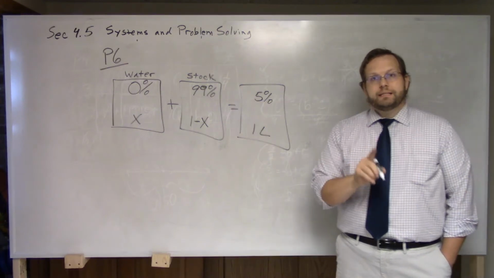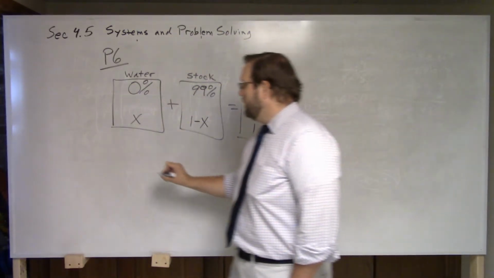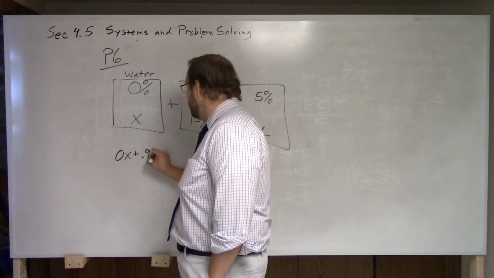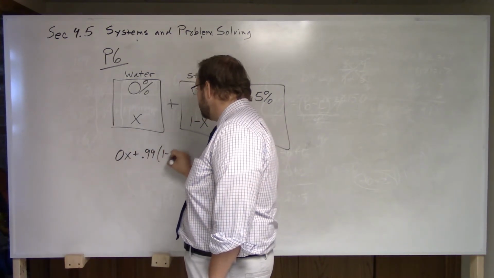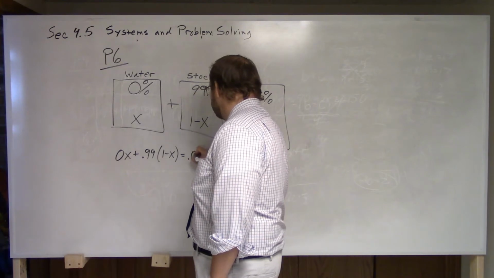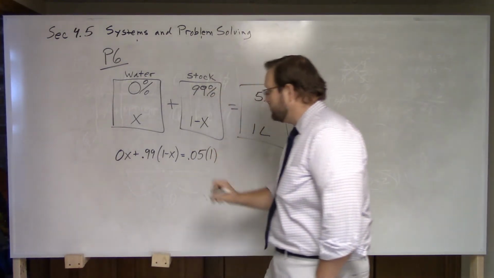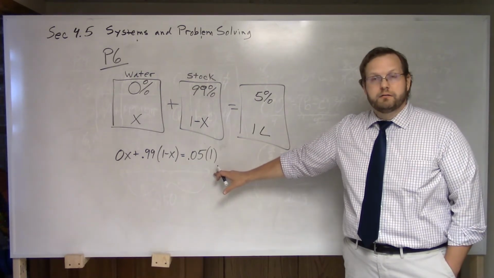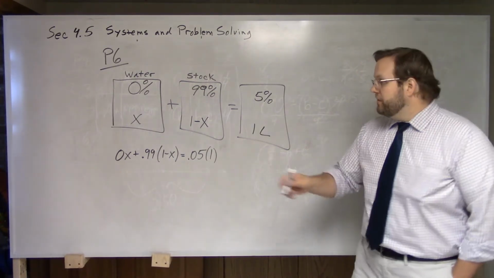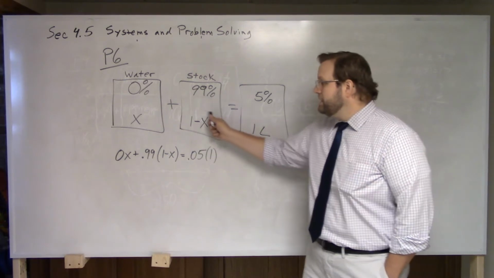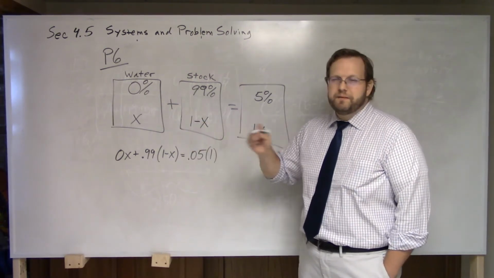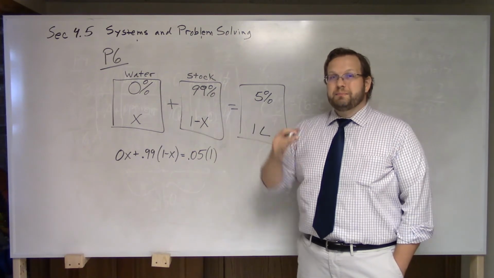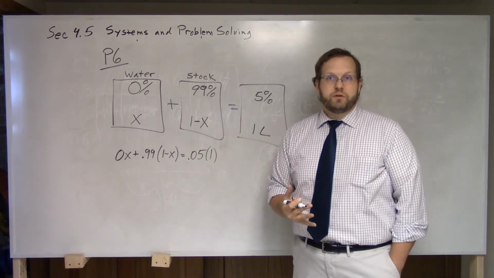And then what we did to build our equation was 0 times x plus 0.99 times 1 minus x equals 0.05 times 1. That's how we did it in chapter 2, and that will work here. Okay. However, this throws a lot of people for a loop. If it's very consistent, you shouldn't have to overthink it, but it sometimes throws a little layer of confusion.